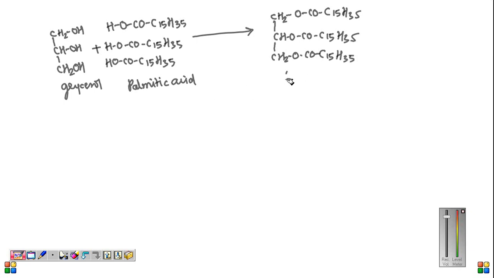It is a triglyceride, no doubt, plus three molecules of water. This triglyceride is called tripalmitin. This is the meaning of what are triglycerides, what are oils and fats.